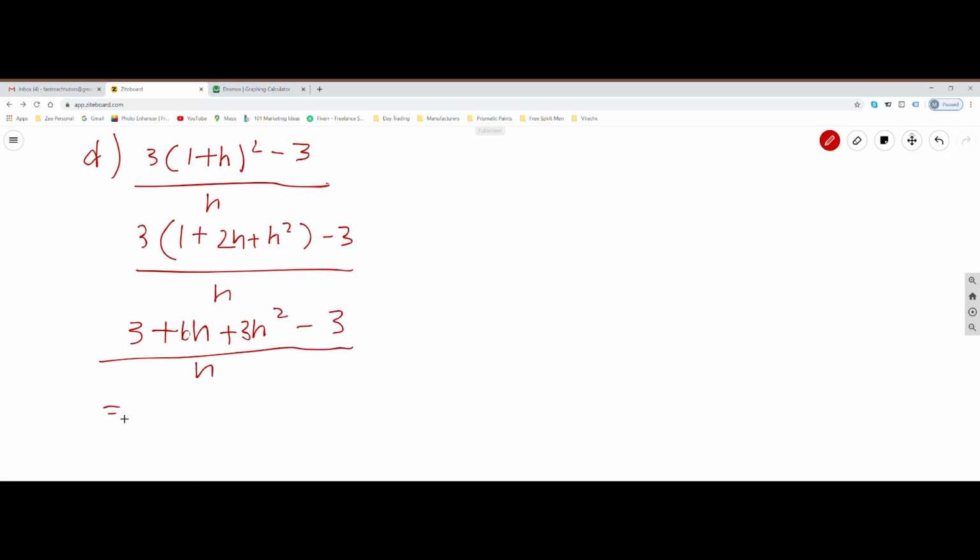So the 3's cancel, and you're left with 3h squared plus 6h over h. So you can remove h from there, and you're left with 3h plus 6.